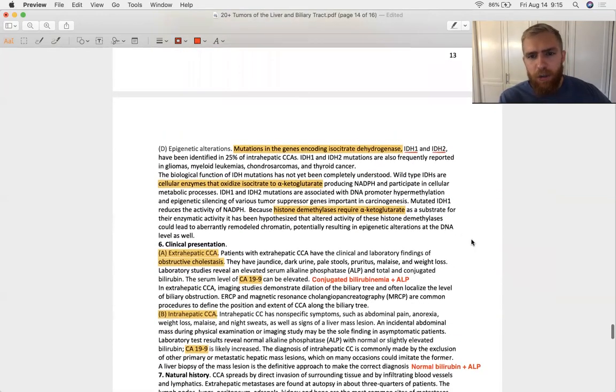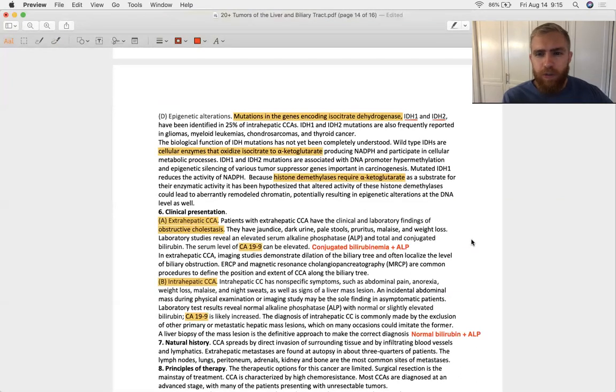And in this cholangiocarcinoma, you might also see isocitrate dehydrogenase mutations. And once you see IDH1 and 2, you need to be thinking methylation, like Pavlov's dog. Because histone demethylases require alpha-ketoglutarate. And alpha-ketoglutarate is produced by isocitrate dehydrogenase.